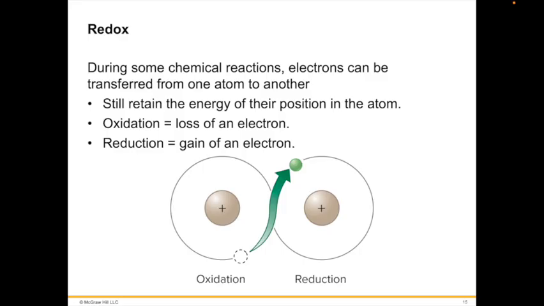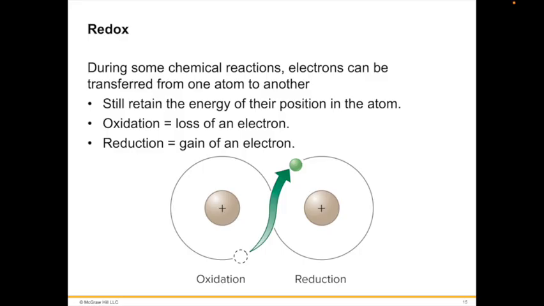Notice that when an electron is transferred in this way, it keeps its energy of position. In organisms, chemical energy is stored in high-energy electrons that are transferred from one atom to another in reactions involving oxidation and reduction. And this will be described more so in Chapter 7.